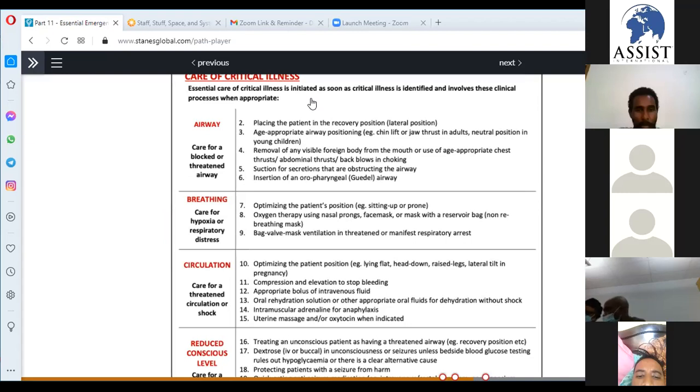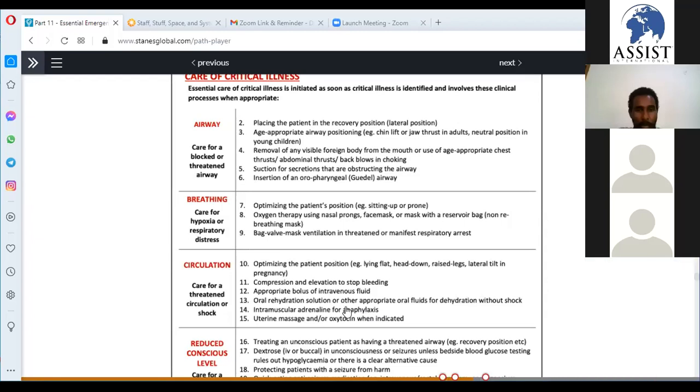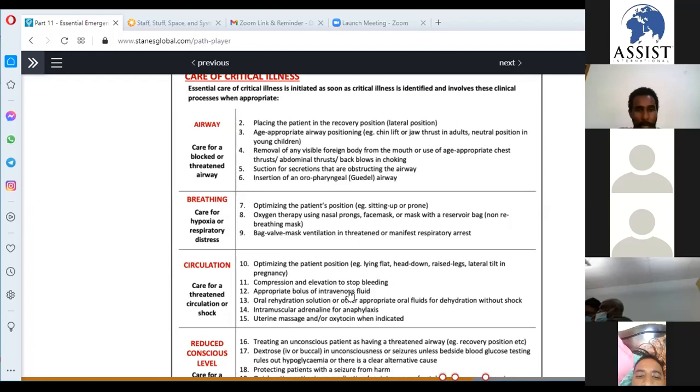Okay, and also in terms of circulation, you might need to optimize the patient's position. You might make a flat position. You may compress the lower extremities, I mean the bleeding in the lower extremities or any place, to stop the bleeding.